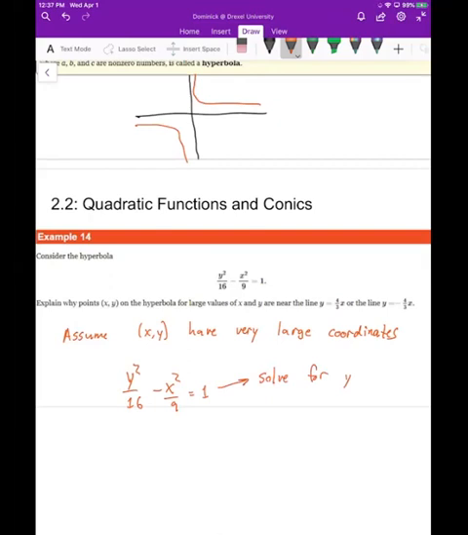Well, first let's multiply by something to get rid of these fractions. If we multiply through by 16, then the first fraction is gone. We get y squared minus 16x squared over 9 is equal to 16. And then if we multiply through by 9, we get 9y squared minus 16x squared is equal to 144.